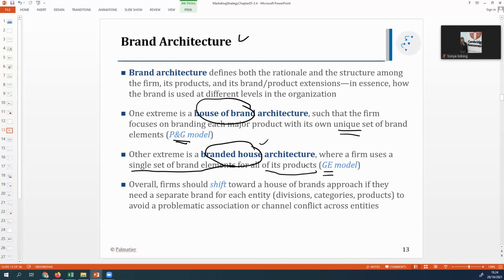Overall, the point is that the firm should shift toward a house of brands approach if they need separate brands for each entity, yeah, by categories, by division, by products, to avoid problematic association or channel conflict across the entities.